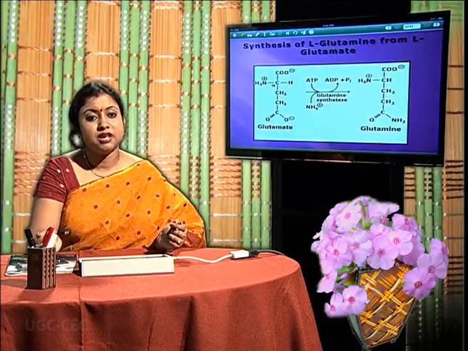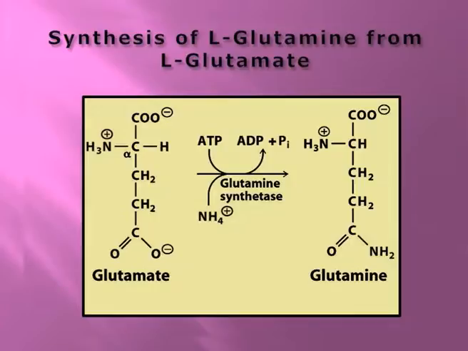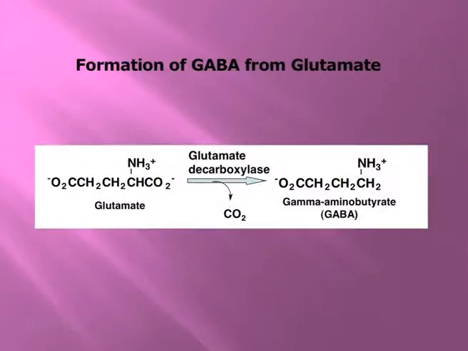The next problem associated with hyperammonemia is increased L-glutamine synthesis. It is harmful for the brain and has adverse effects on cerebrospinal fluid. As we can see in this reaction, from L-glutamate, L-glutamine is synthesized. The enzyme is L-glutamine synthetase, and this results in decrease in the brain's pool of L-glutamate, which is an important neurotransmitter, and thereby results in decrease in the production of another inhibitory neurotransmitter, gamma aminobutyric acid.